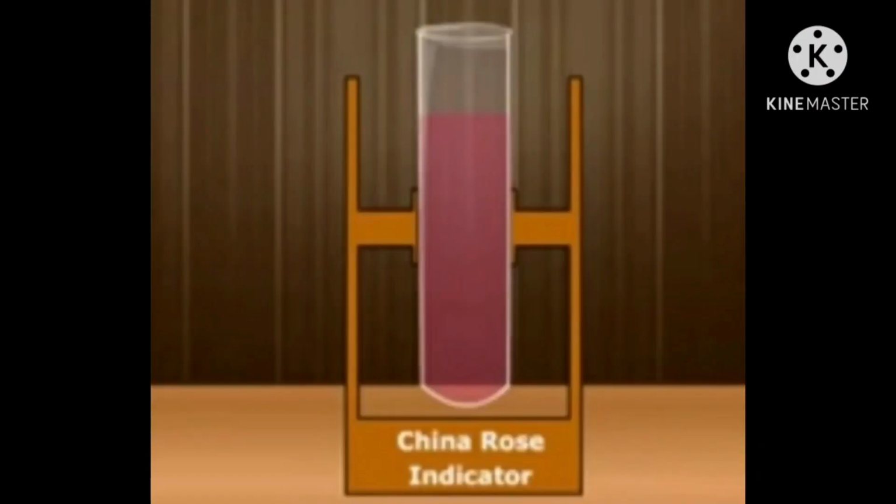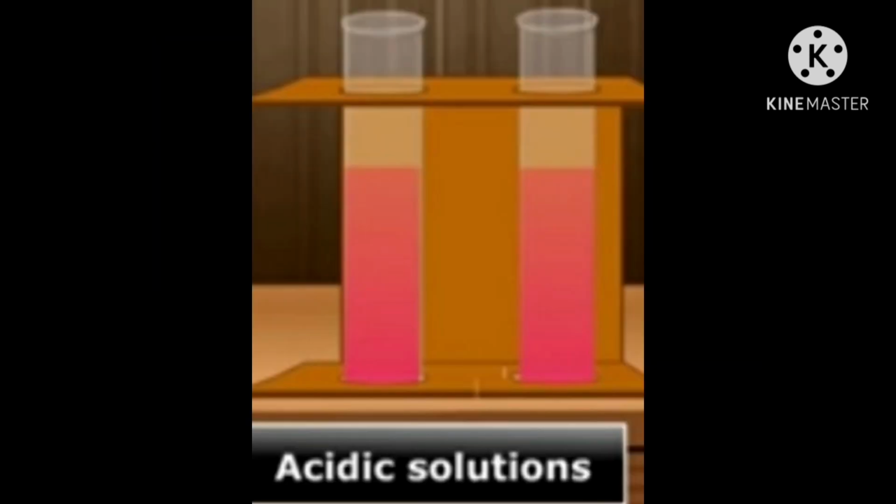If a drop of the given solution turns China rose indicator from light pink to magenta, magenta means a deep pink color, then the given solution will be acidic in nature. For example, lemon juice turns China rose indicator to magenta. So lemon juice is acidic in nature.